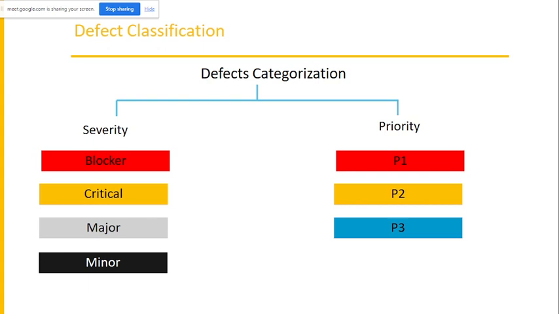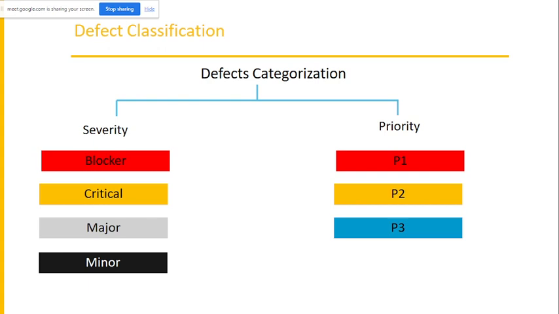Based upon severity, there is blocker defect, critical, major, and minor. Based upon priority, there is P1 defect, P2 defect, P3 defect.